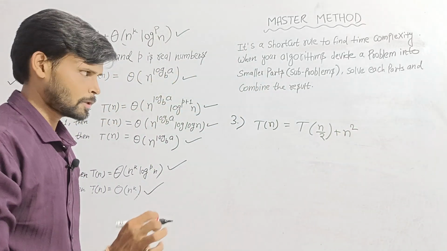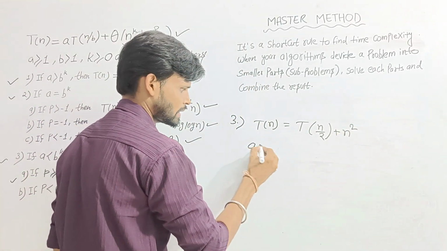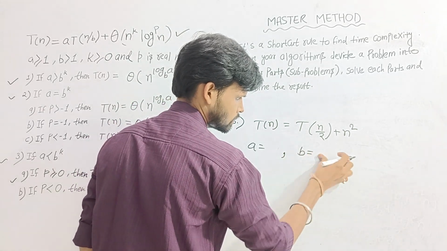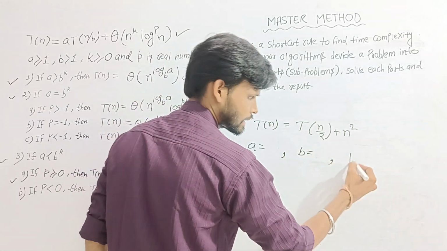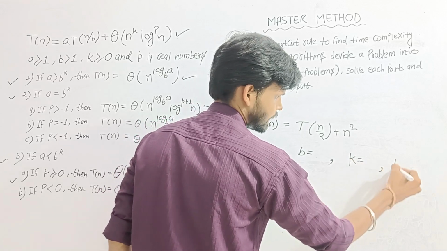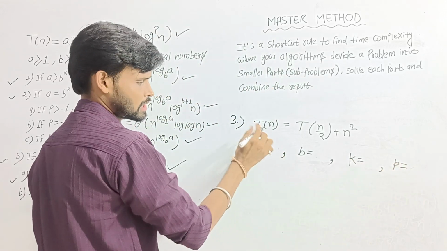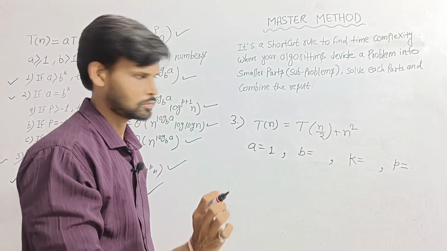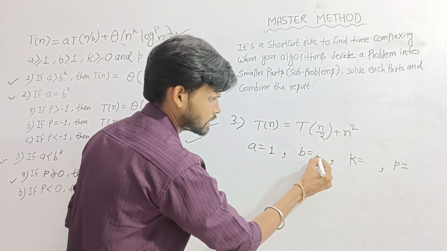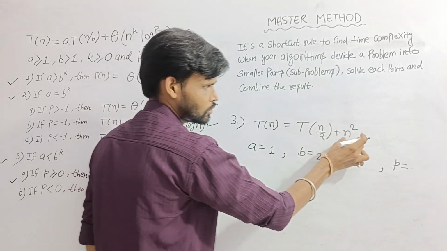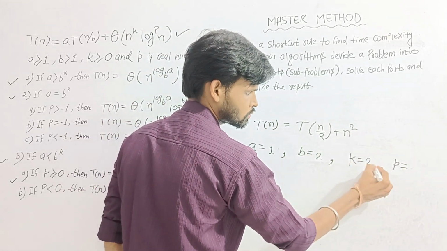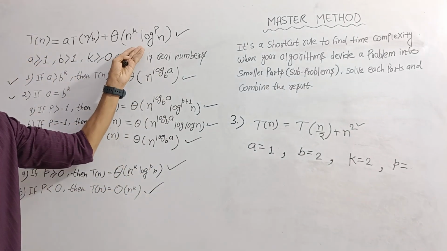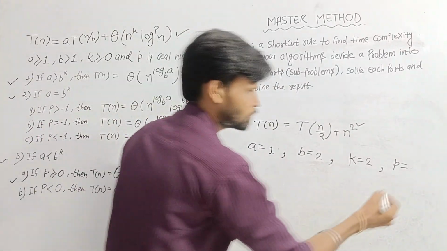First of all you will have to find out some parameters like a, b, k and p. So what is the value of a? Nothing, 1. What is the value of b? That is 2. What is the value of k? That is 2. What is the value of p? There is no p here, no log power p n, so we will put 0.